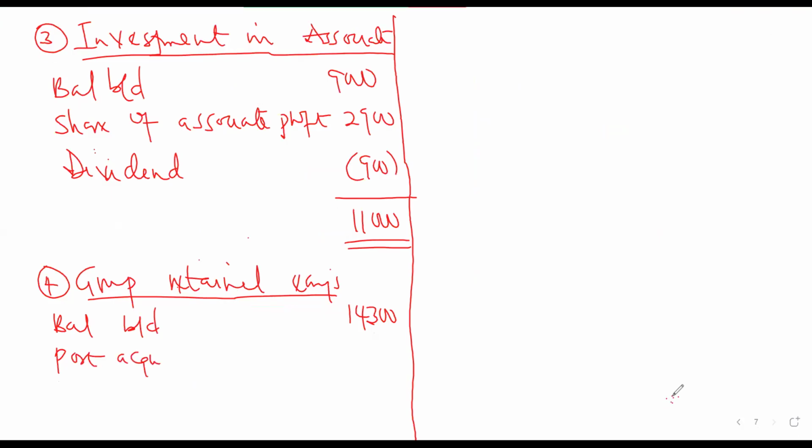The post-acquisition profit given in the statement of profit or loss covers the parent's profit made for the year and also the parent's share of profit from the associate. That will be 6,200.